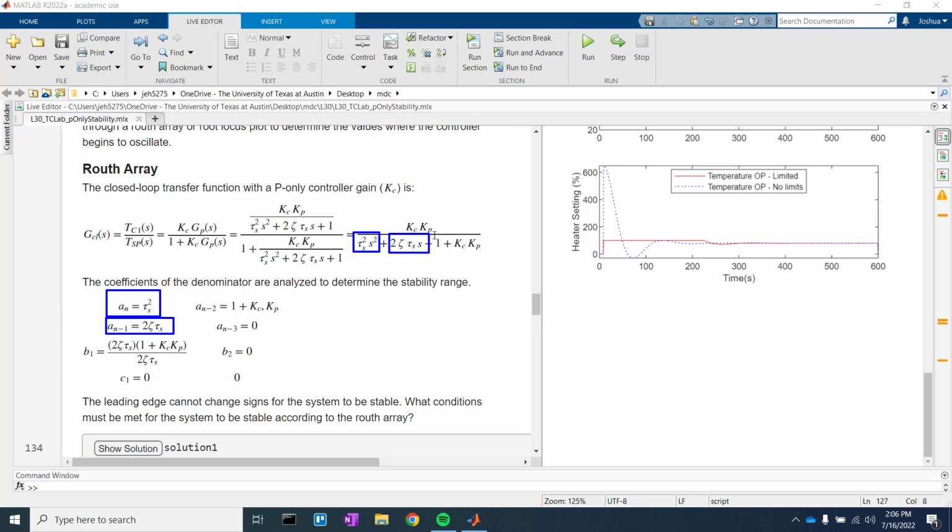The last one we have is 1 plus Kc times Kp, and we don't have an s to the negative 1. This is s to the second, this is s to the first, this is s to the 0, and this is s to the negative 1. Because there isn't one, the coefficient is 0.